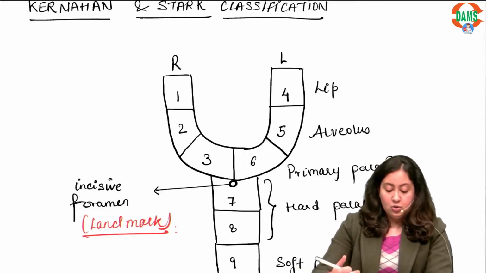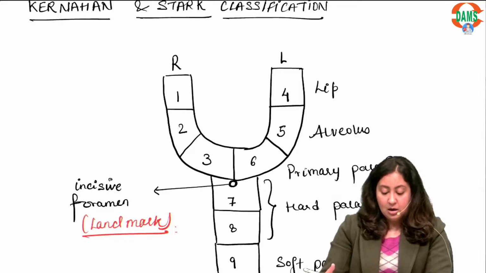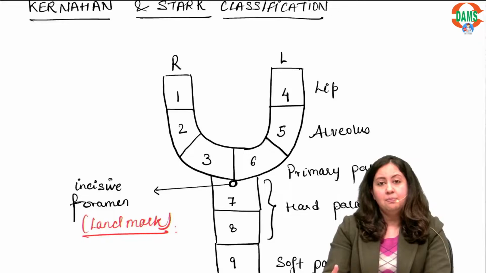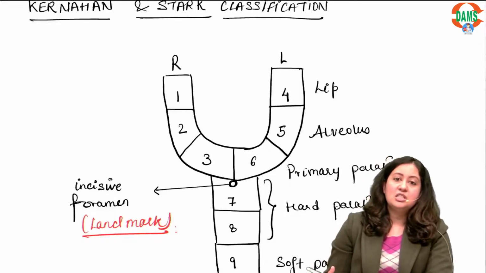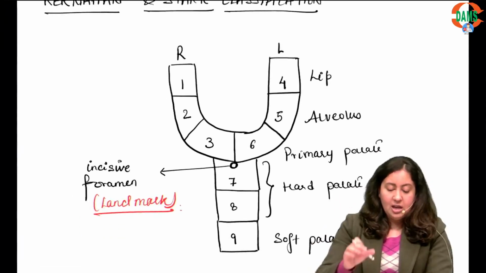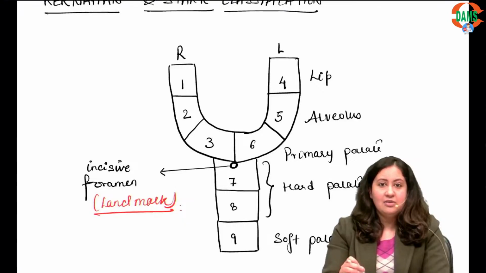He was also of the opinion that structures anterior to the incisive foramen are primary palate, and structures posterior to the foramen are secondary palate. Alright. So he gave certain numberings and divided it into sides.